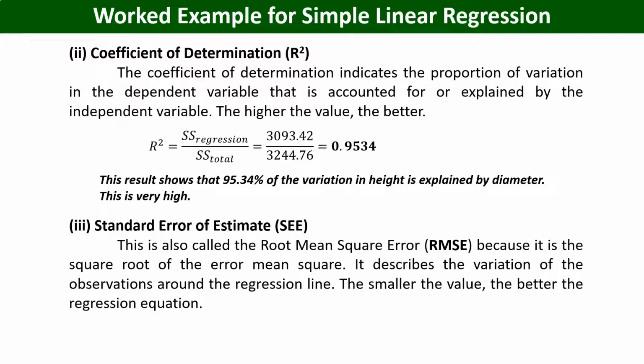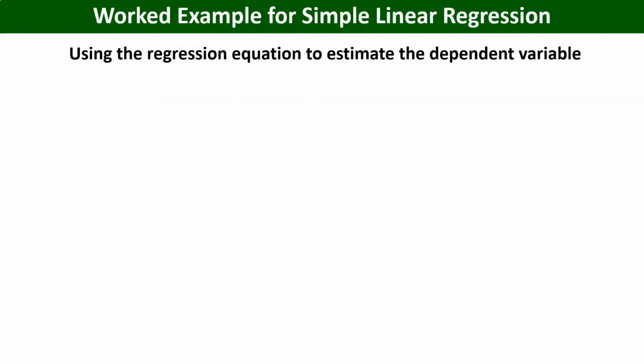The smaller the value, that means the smaller the error, the better the regression equation. And you can see the formula there. RMSE is simply square root of mean square error, MSE. And you evaluate that, it gives us 2.9275. So that is the result of our standard error of estimate.